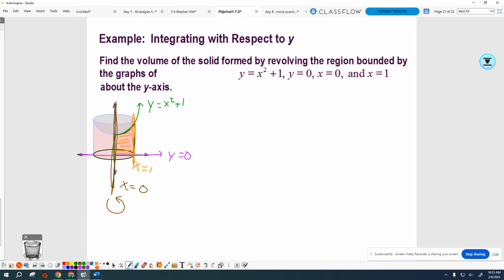If I was doing area between the curves, would I be doing top minus bottom or right minus left? Right minus left. Well, yeah, actually, if I was doing area between the curves, it would be easier to do top minus bottom, but you're right that on this one, it's spinning this way. I have dy slices, so I need to do right minus left.